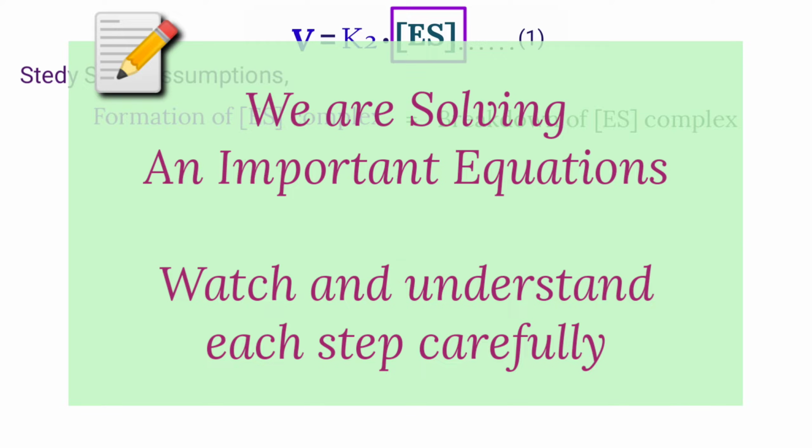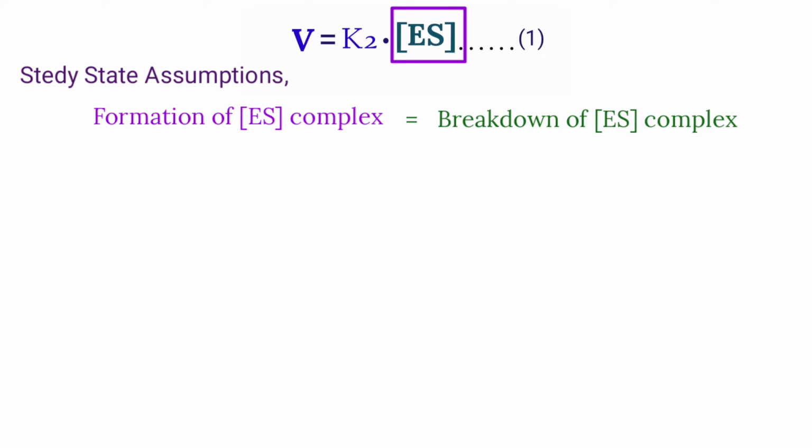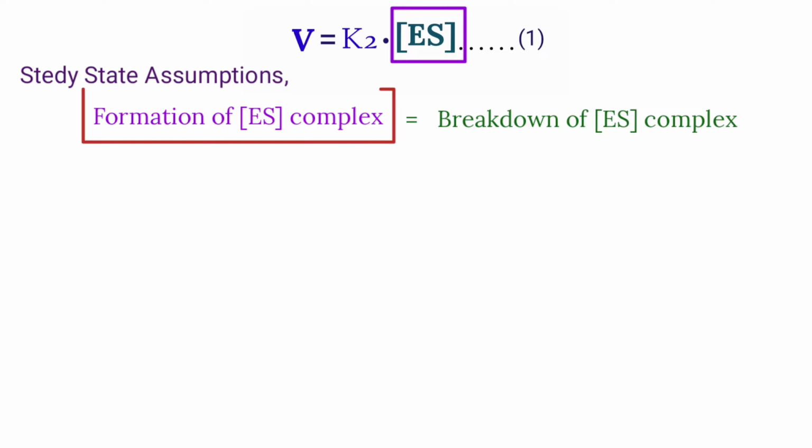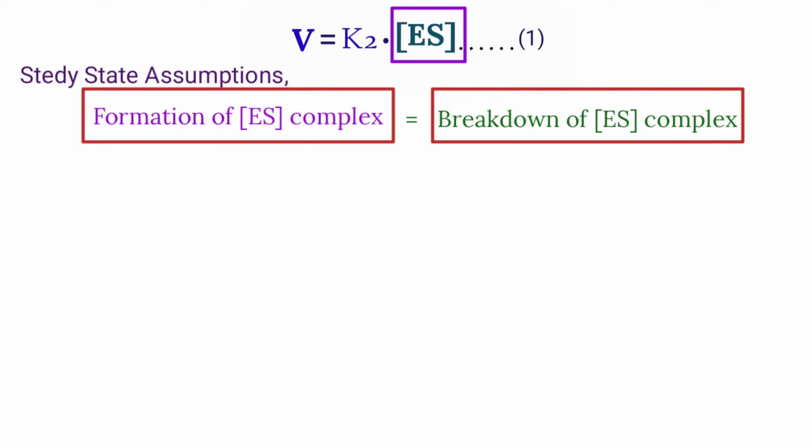We will see at the end of the lecture how questions are asked on these topics. So first understand, we are using this type of bracket which indicates the concentration. So the formation of enzyme substrate complex concentration equals the breakdown of that enzyme substrate complex concentration, which is the steady state assumption we are talking about.